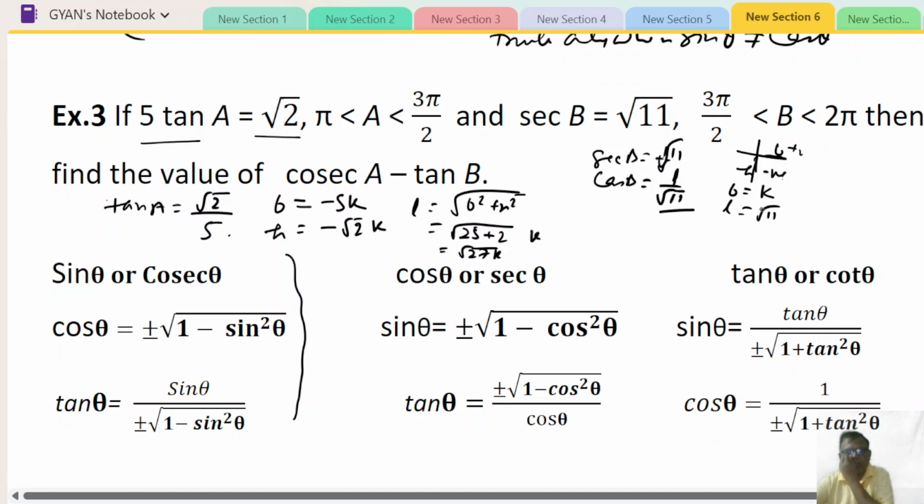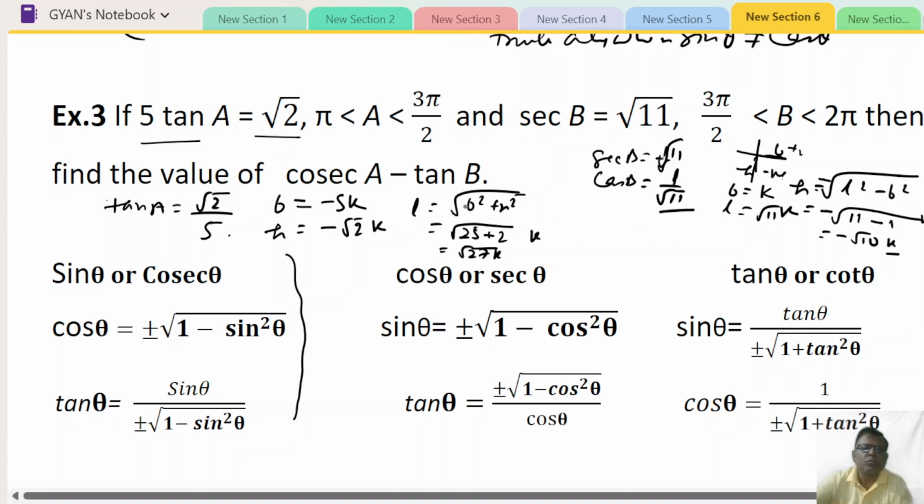Now you have to find out H. So how you will find out? Root over L square minus B square. And this will be negative, so you have to put negative. So 11 minus 1k, that means minus root 10k. So cos A is equal to L by H. So what is L?